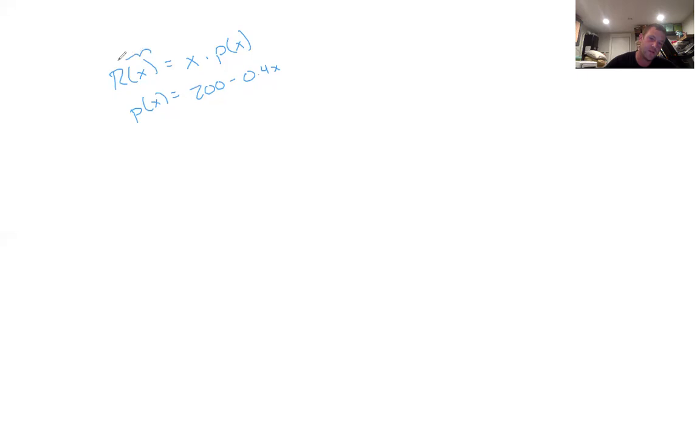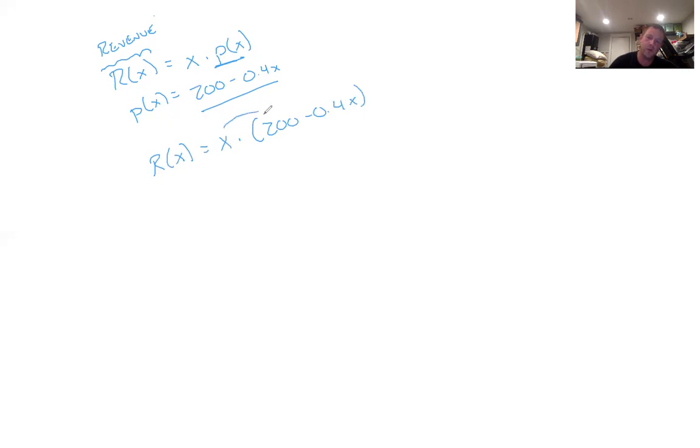But again, they're asking for the revenue, which is this. It says find the maximum revenue. They want to maximize this, but we need p of x. So we want to maximize r of x, which is equal to x times 200 minus 0.4x.